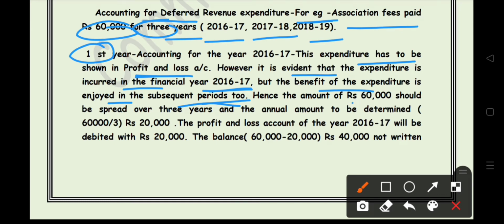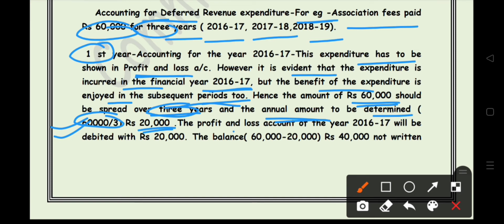Hence, the amount of rupees 60,000 should be spread over the 3 years, and the annual amount is determined as 60,000 divided by 3. The total expenditure we will divide by the number of years in which we will enjoy the benefits of that expenditure, that is rupees 20,000.